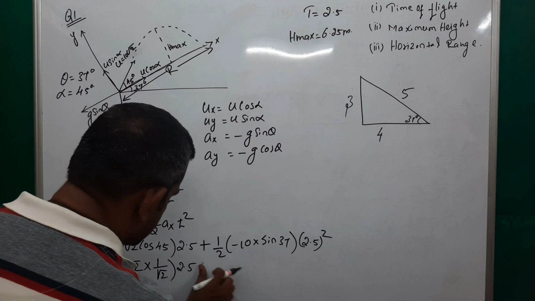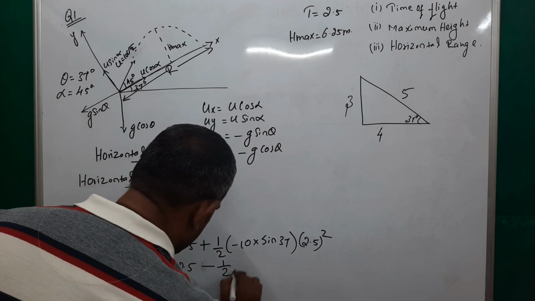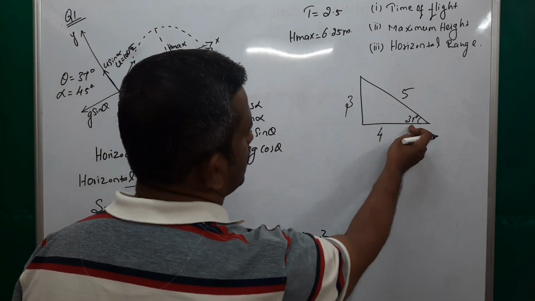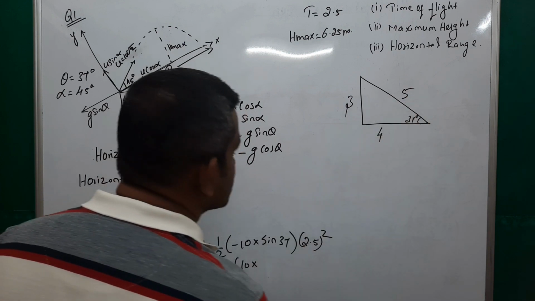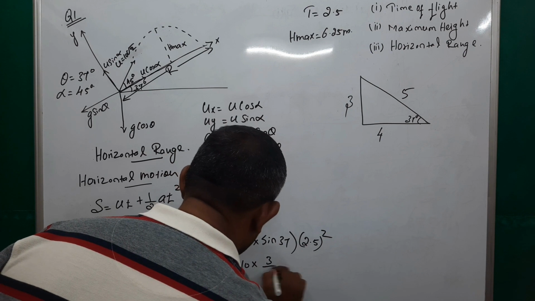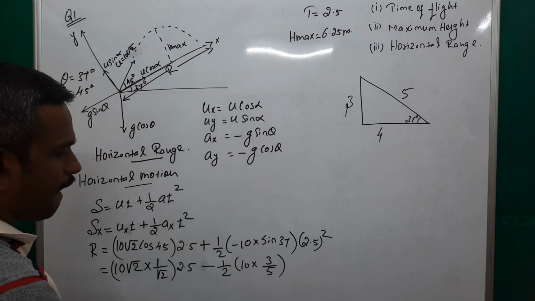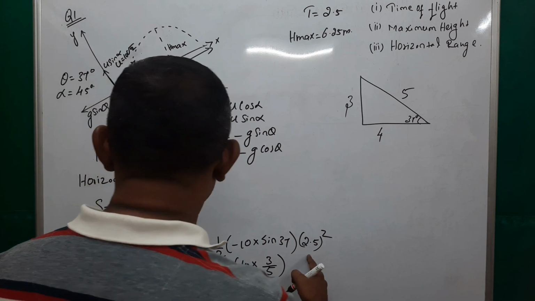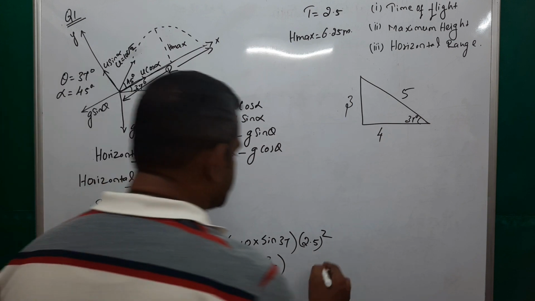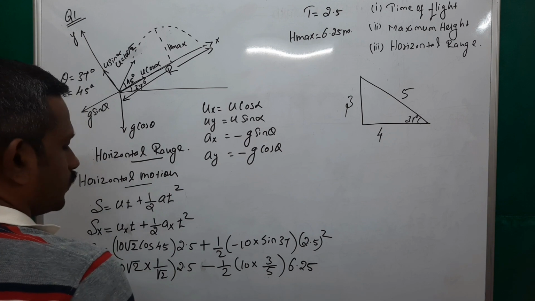Plus into minus, so this minus we can take outside: minus 1 by 2 into 10 into sin 37. Sin 37, opposite side by hypotenuse, that is 3 by 5, into 2.5 square. So 2.5 square is 6.25. Clear?